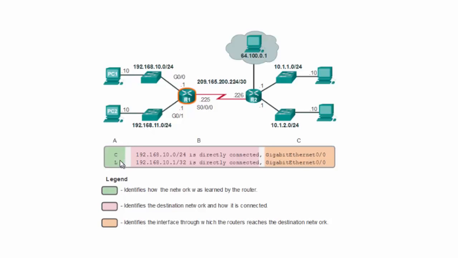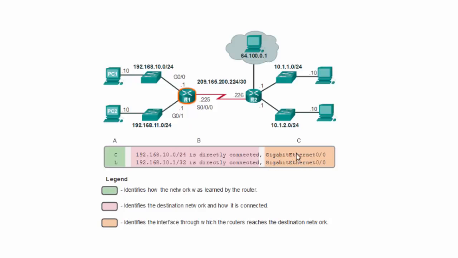This indicates that it's a local route, 192.168.10.1/32. So we notice here the difference, /32 versus /24. So this is the actual address of the exit interface here. And this is what we call the local route for this interface.